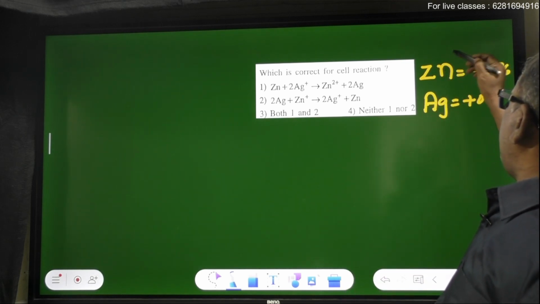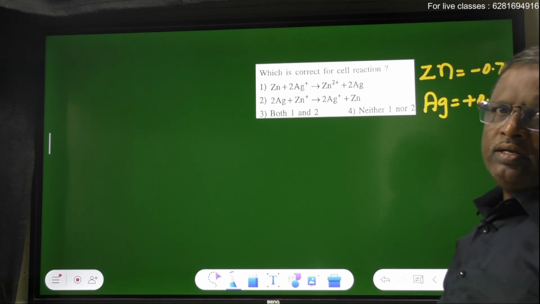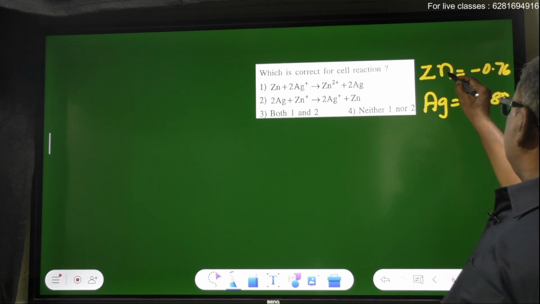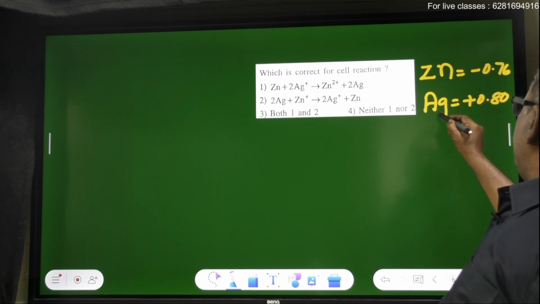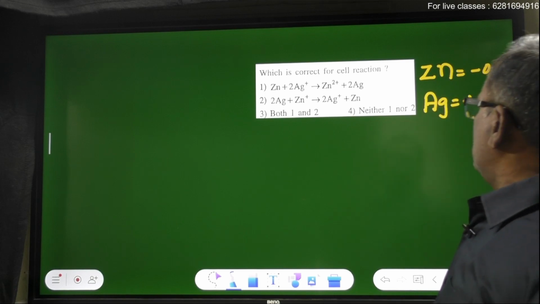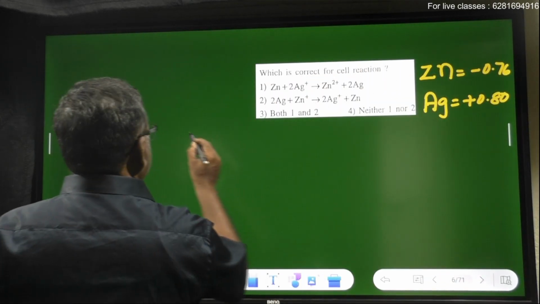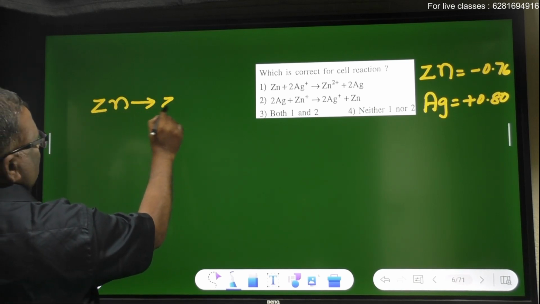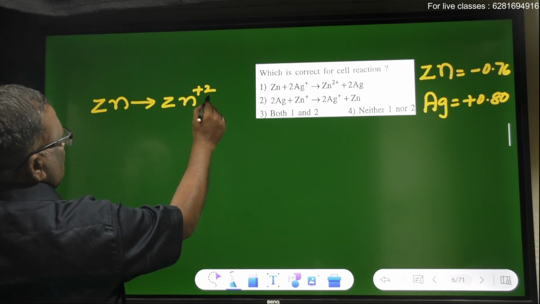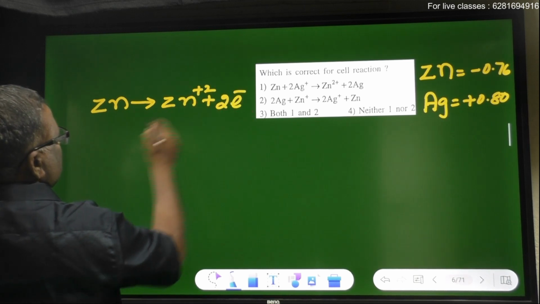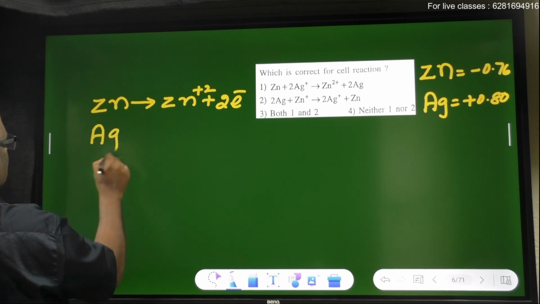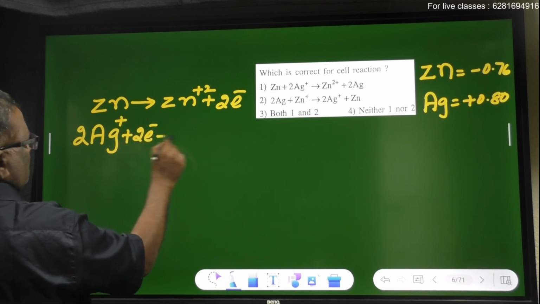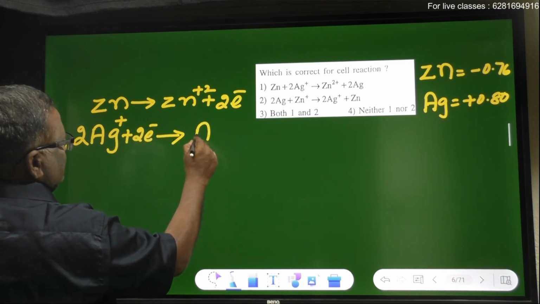The element which is having less reduction potential will oxidize itself. So zinc will oxidize and it can reduce Ag plus ions. So the cell reaction may be written as Zn will oxidize as Zn2+ plus 2e minus, whereas Ag plus ions take those two electrons and are converted to Ag.